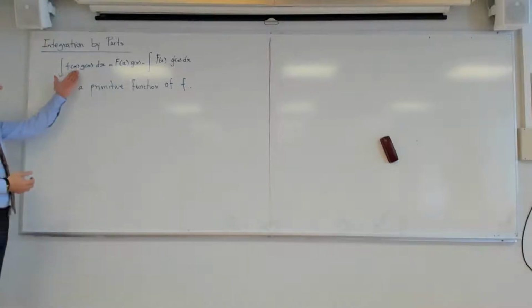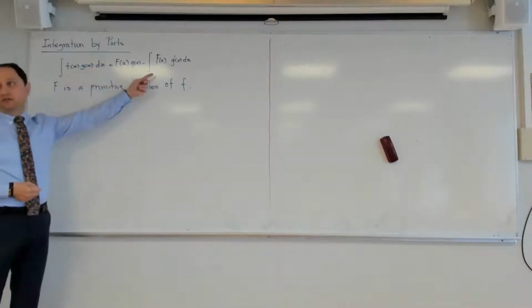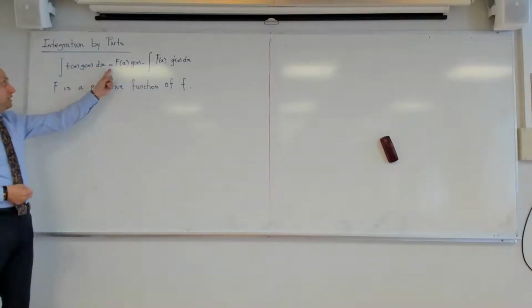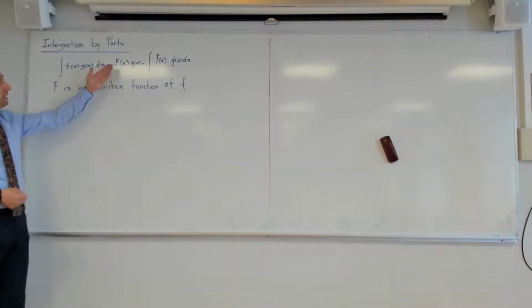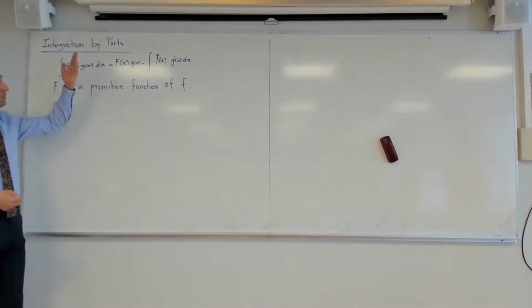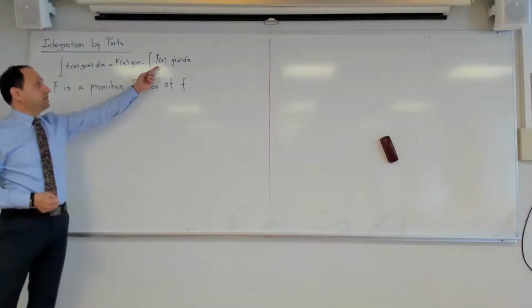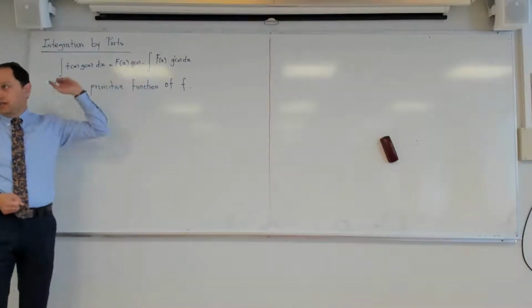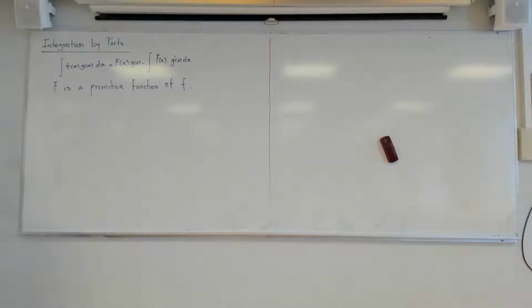It is not as useful as the previous formulas because it just reduces an integral to a new integral. So this is always 100% true that this integral can be written in this form, but it is not always useful, because it might happen that this second integral is harder to calculate than the original integral. So even though this equality is always true, it is not always useful.